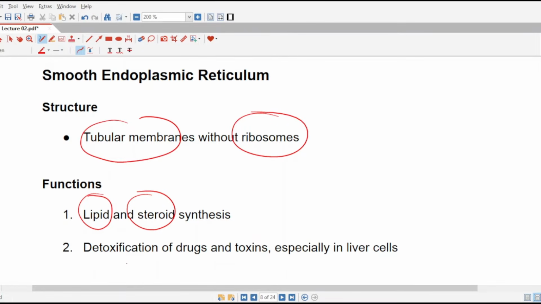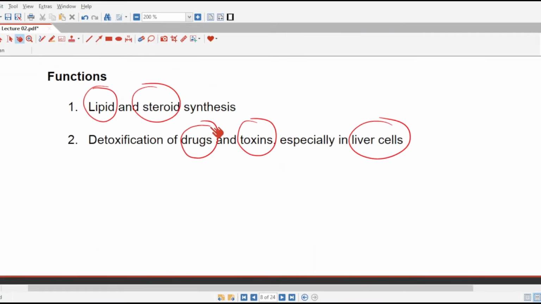And also another important thing, smooth endoplasmic reticulum detoxifies drugs and toxins, especially in liver cells. Liver cells perform so many metabolism tasks, and one of them is detoxification. That is very, very important for us to know.